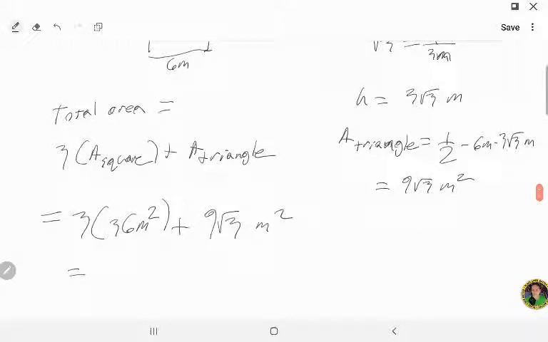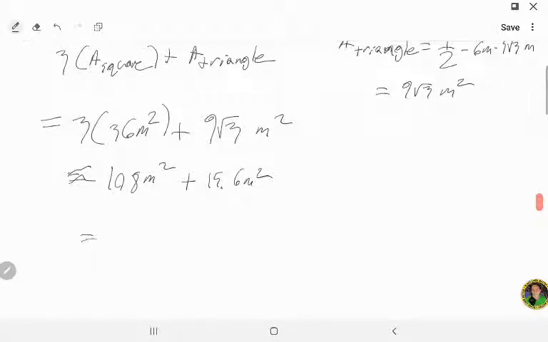So that's going to give us 108 square meters. Actually, I'll make this approximate. We know 9 radical 3 gives us, call it 15.6 square meters. And so we end up getting 123.6 square meters.